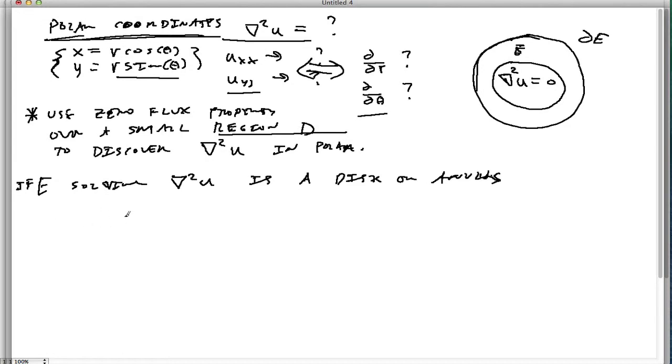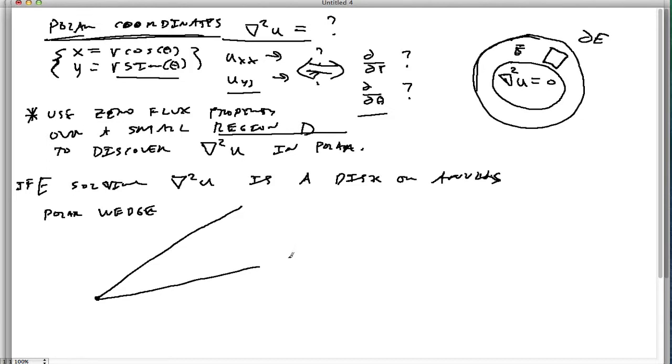All right, so what to do now? What we're going to do is take a small little patch of our disk shape, which will be some sort of little polar square, our polar wedge. Here's the center of our disk, and we're going to bring it out like that.